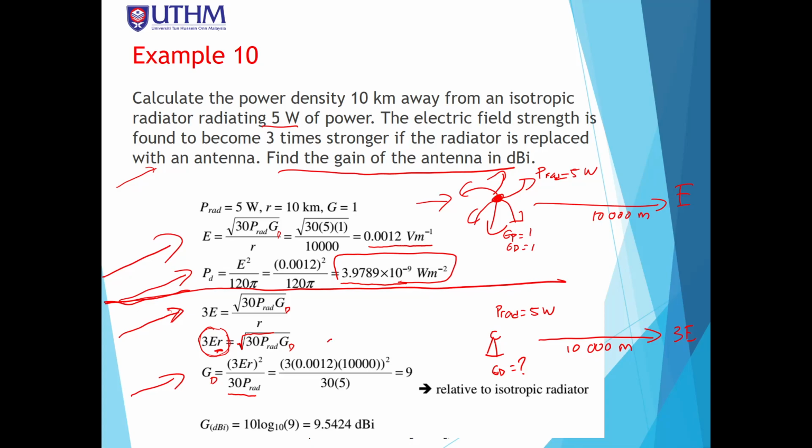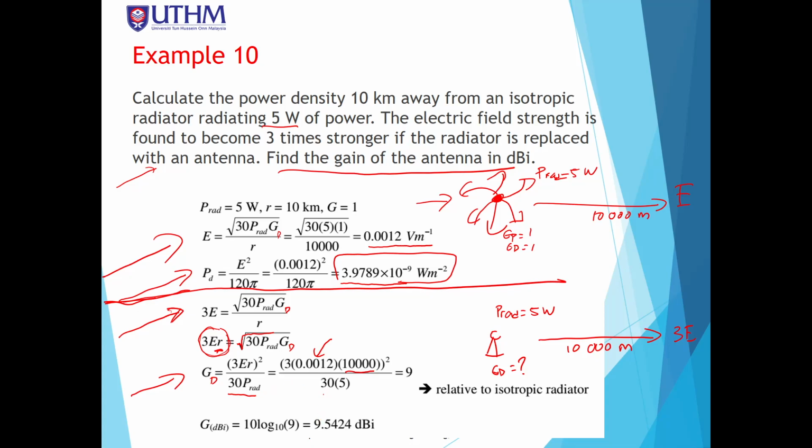This is the E field, so 3 times the E field multiplied with the distance 10,000 meter, and then we square all of it, and then we divide by 30 times P radiation.